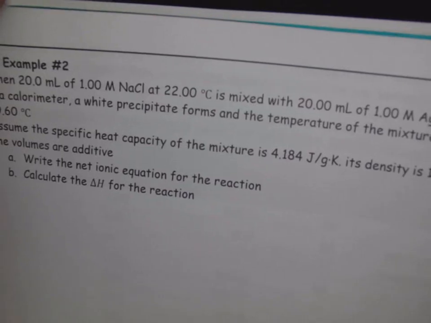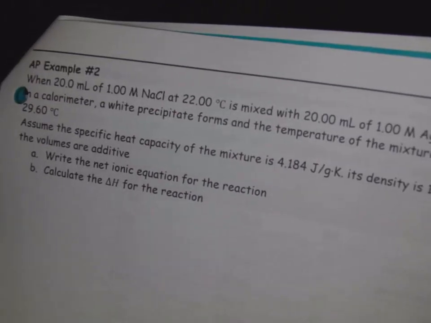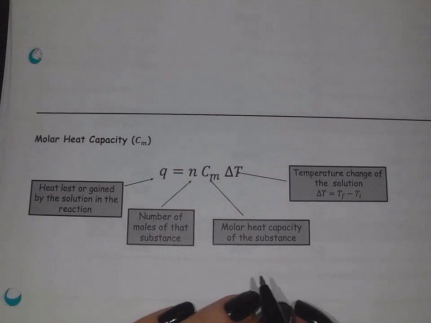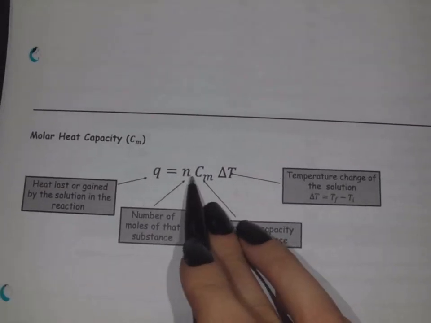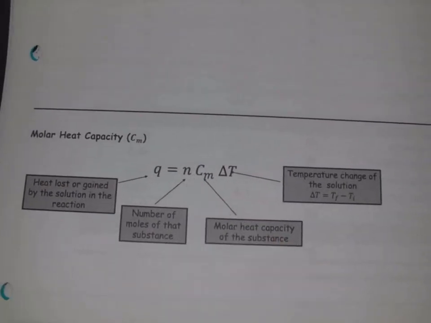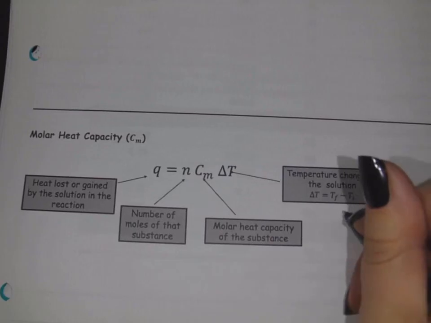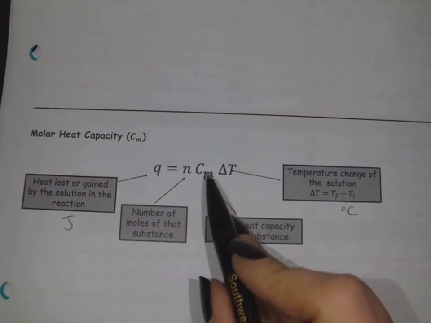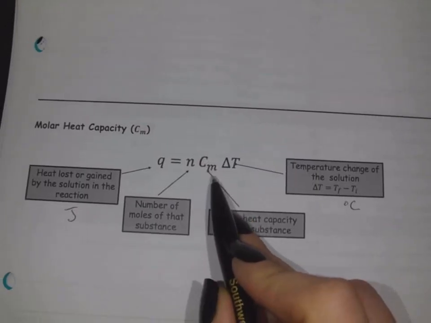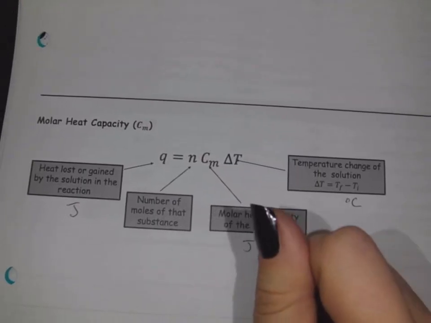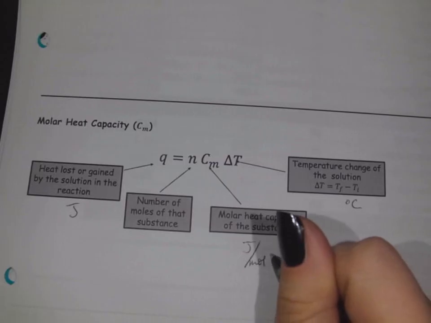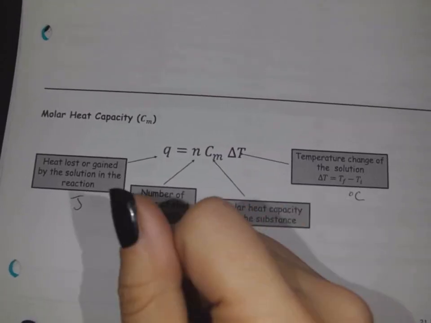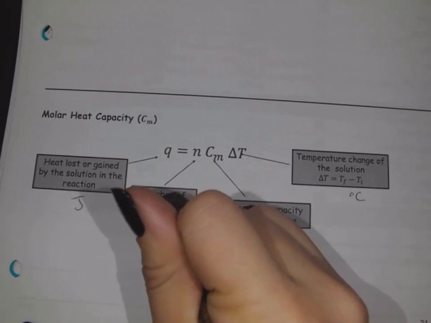All right. So sometimes instead of grams, you're given moles. Okay. So we have temperature in Celsius still, joules, but then I want you to use the specific heat capacity that's joules per mole degree Celsius instead of grams degree Celsius, because you're given moles.